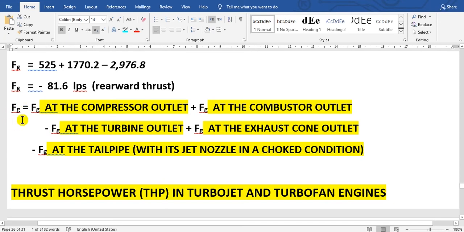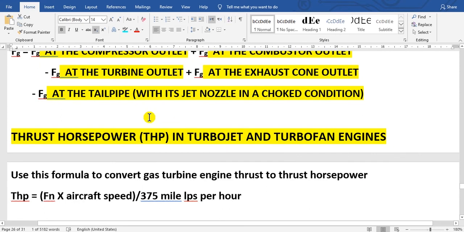So the result equals the thrust at the compressor outlet plus the combustor outlet, minus the turbine outlet, plus the exhaust cone outlet, minus the tailpipe. Okay.